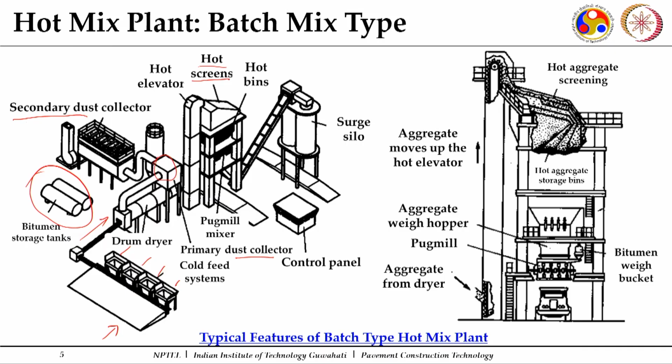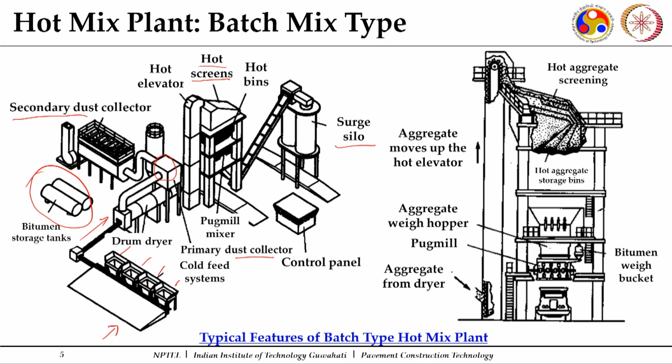Thereafter it can be directly transferred to the tippers to go to the field for laying, or if the production is more than the requirement being transported, it can be stored for a certain period of time in surge silos.